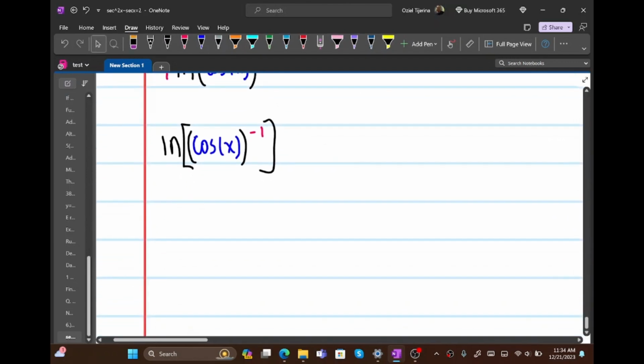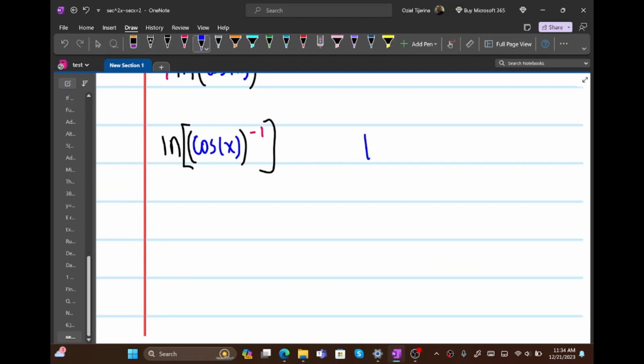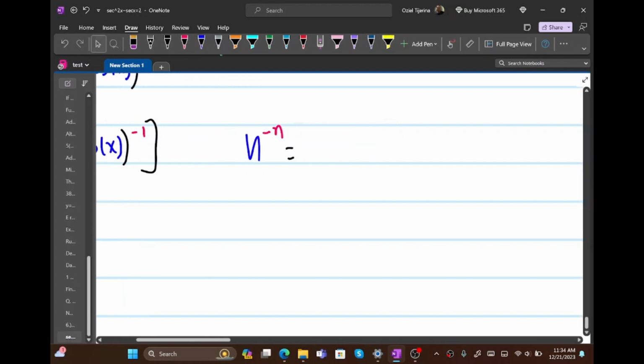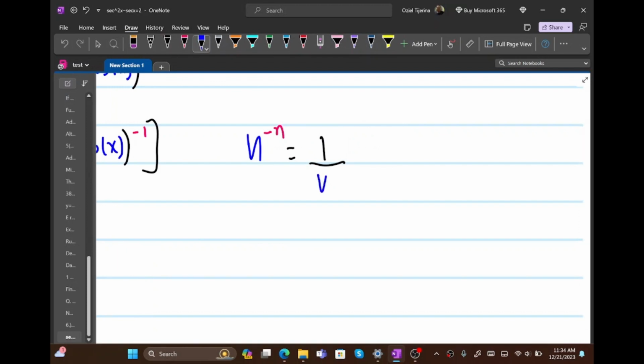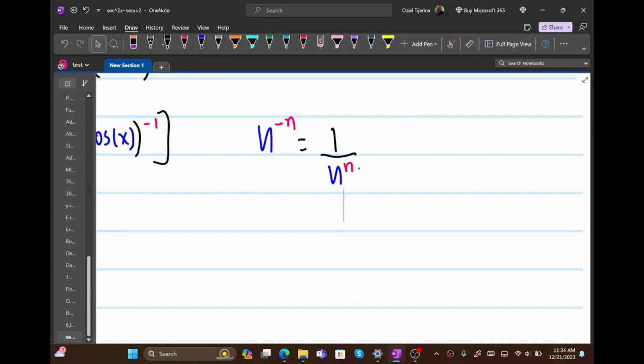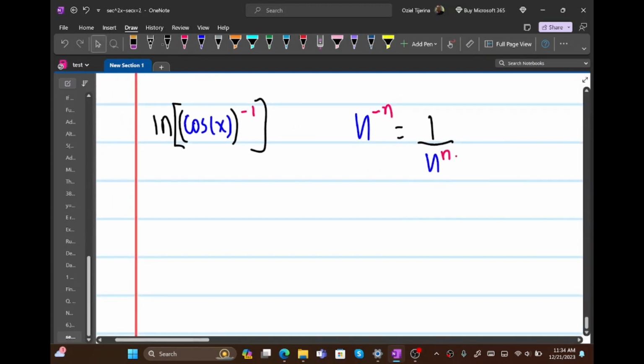So another thing is that u raised to the -n, I know that, again, from properties of exponents, this is 1 over u to the n. Okay? And so then here, we're going to just go ahead and use that. So then I know that this is going to be natural log of the following.